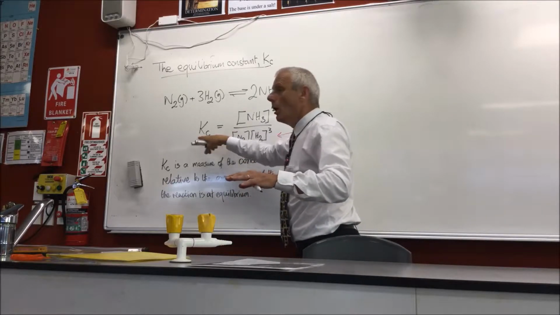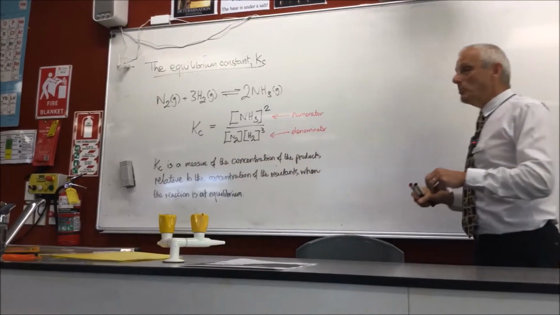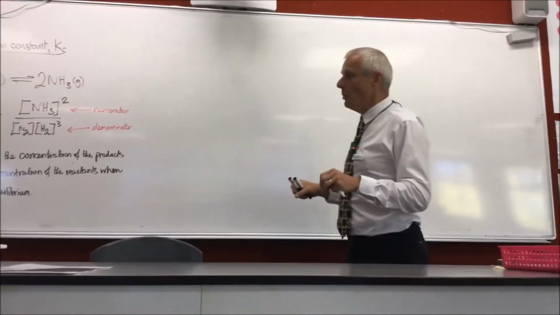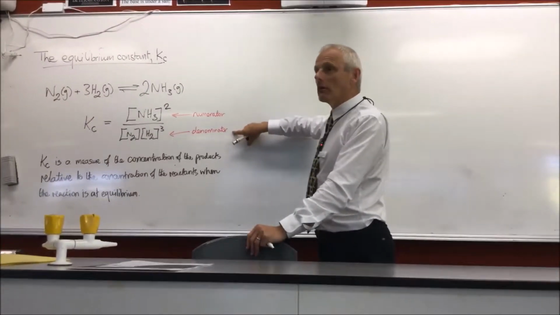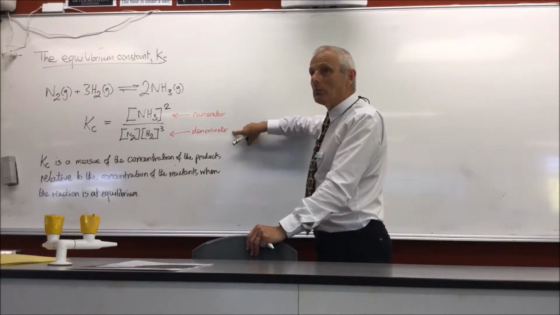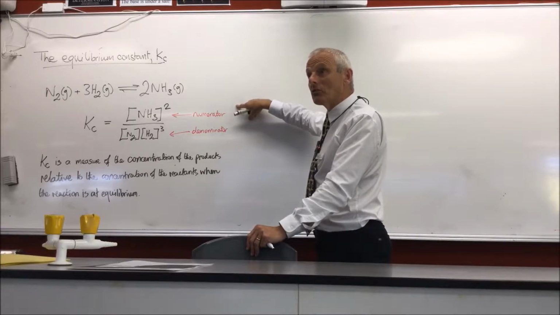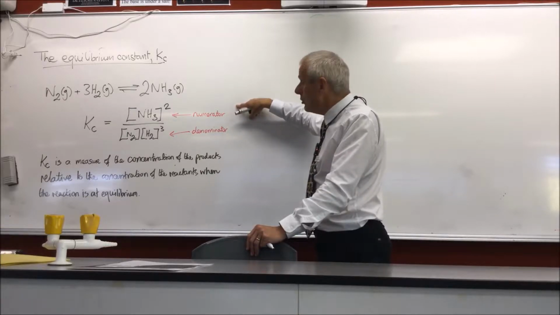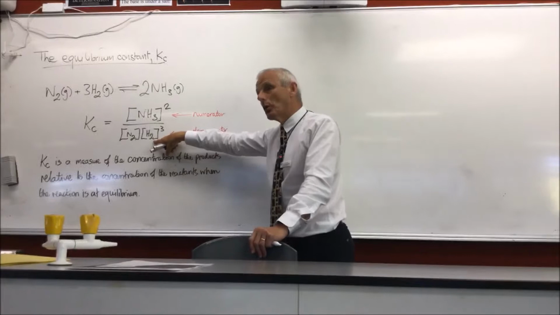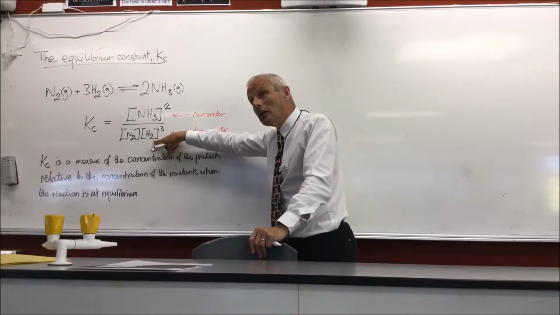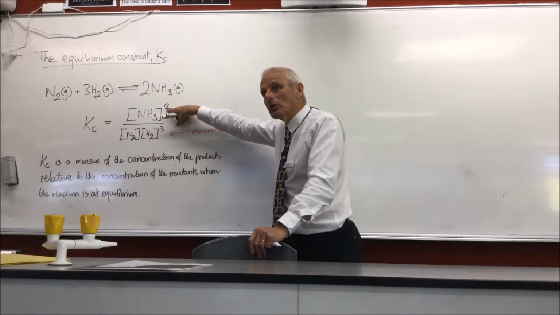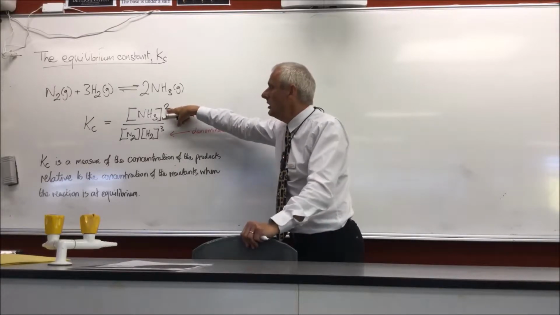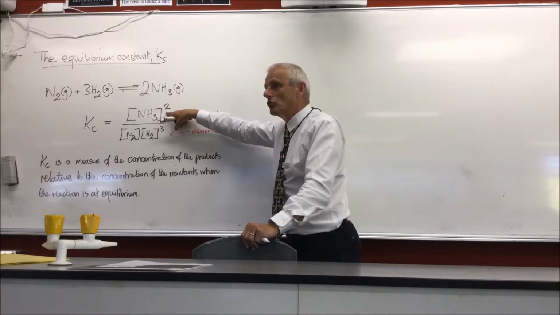What about when Kc is a very small number? Then it's the reverse, isn't it? It's telling us we've got a very large denominator, but a small numerator. In other words, the concentration of reactants is high, but the concentration of products is low. It's always about the concentrations, high concentration, low concentration.